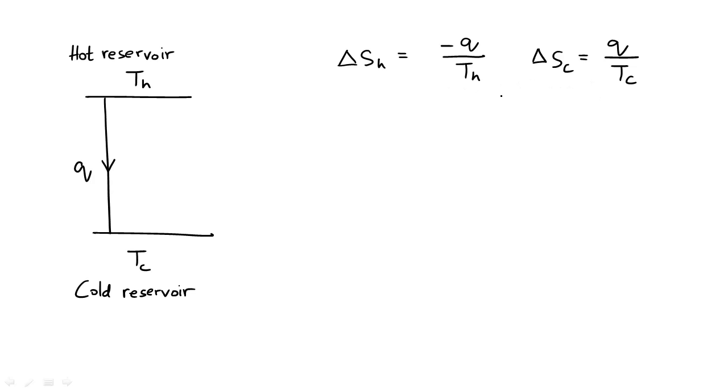If we add these two up, minus Q by Th plus Q by Tc, the net change in entropy in the process is positive because Q by Tc has a greater magnitude than Q by Th.